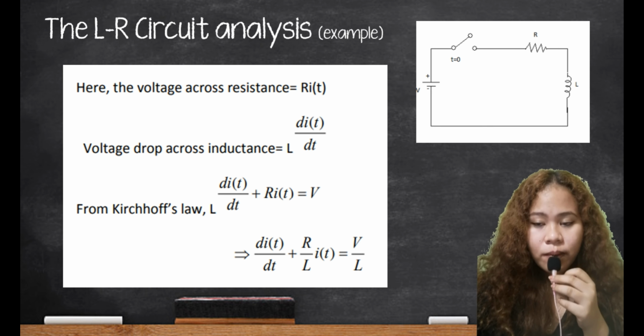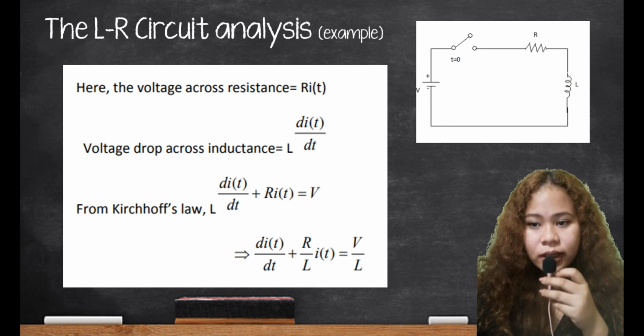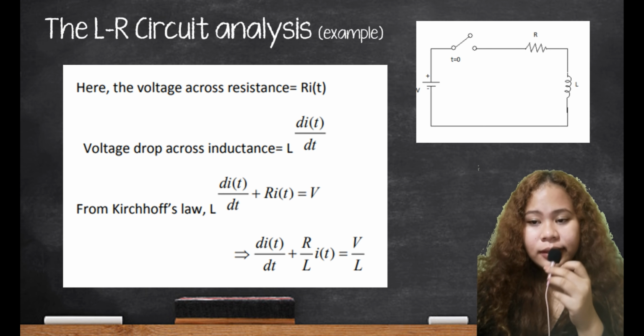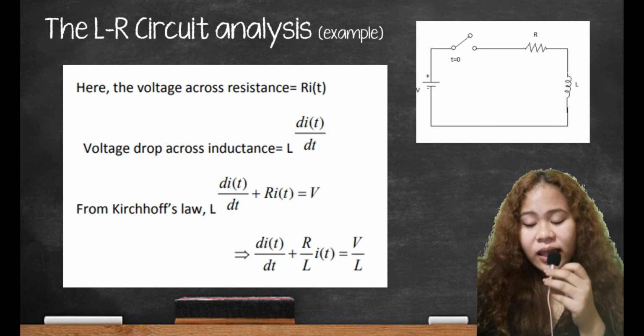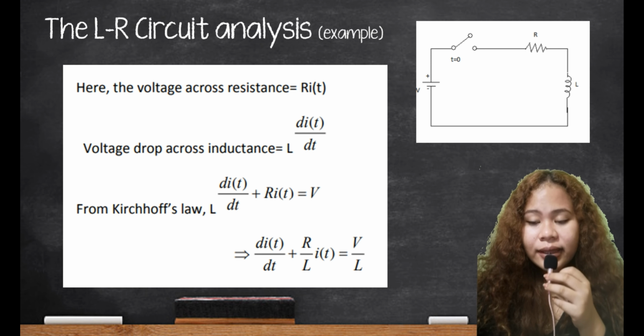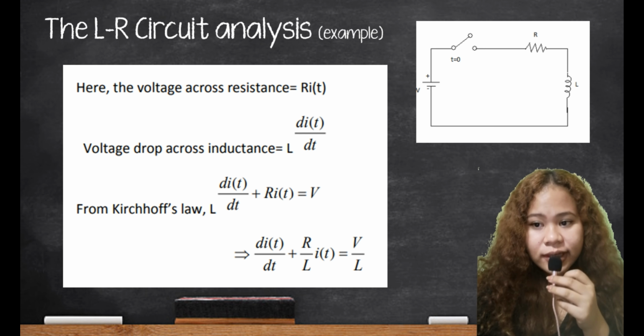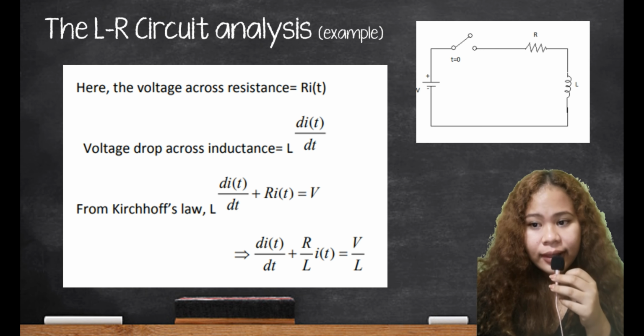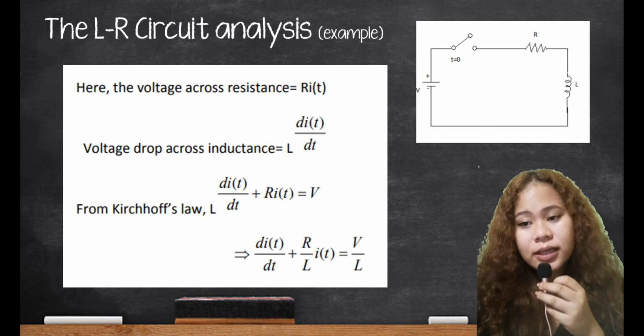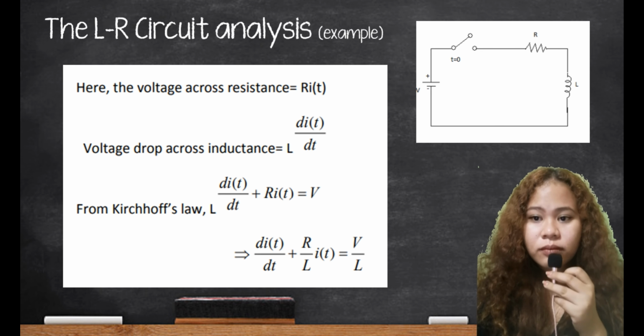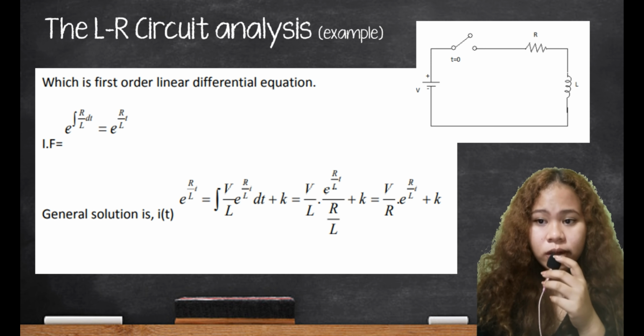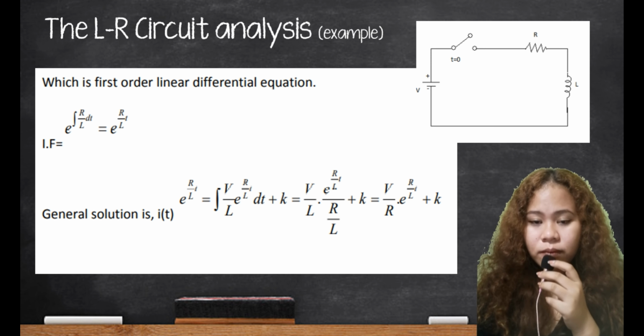From Kirchhoff's law, L times di(t) over dt plus R i(t) is equal to V. And it will give us di(t) over dt plus R over L times i(t) is equal to V over L, which is the first order linear differential equation.